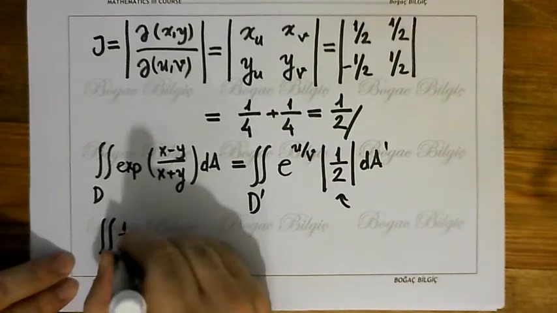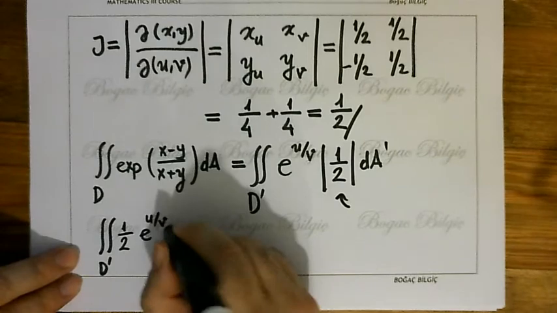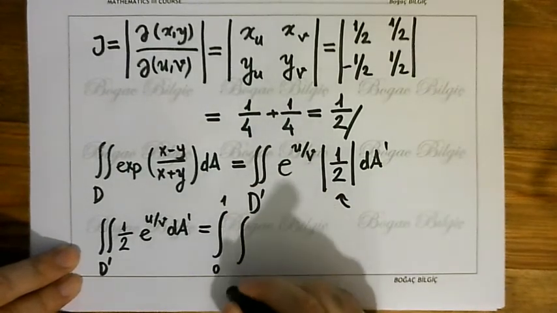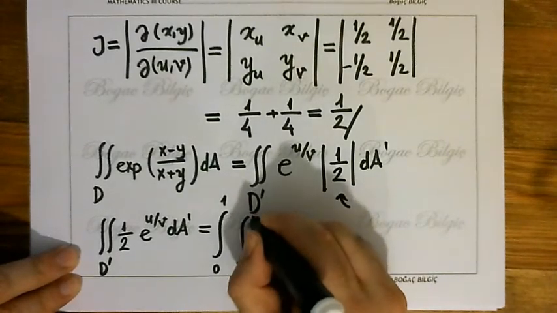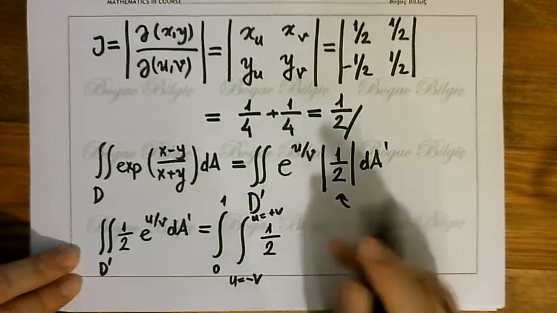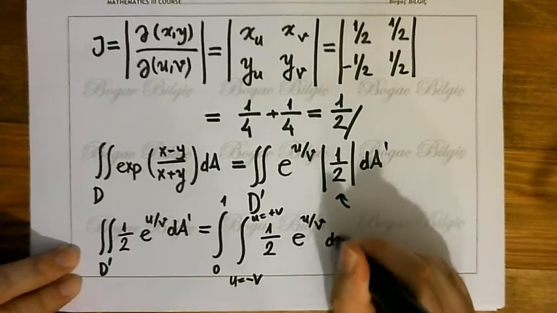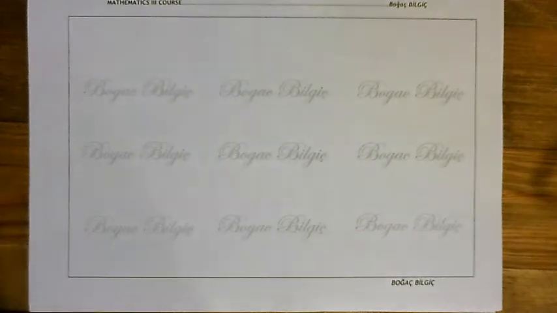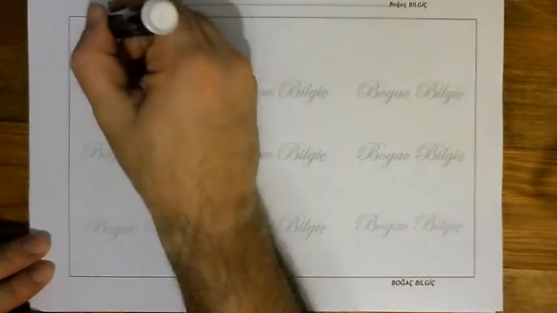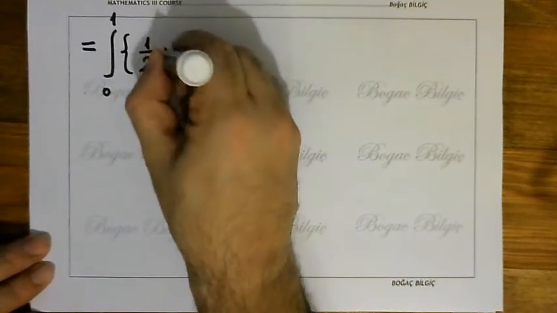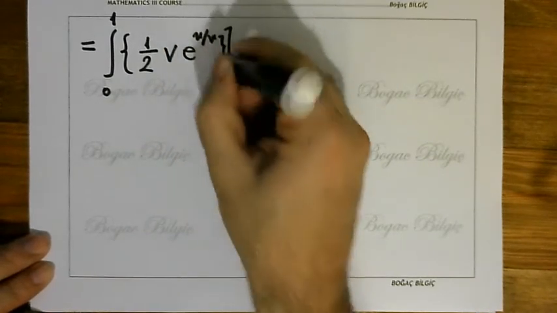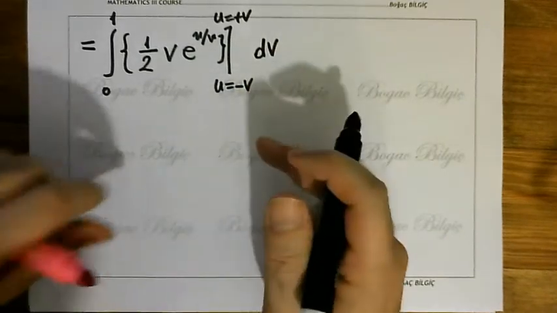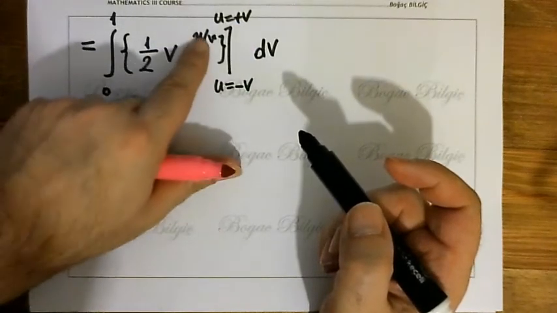We write the double integral over D-star of 1 divided by 2 e to the power of u divided by v dA, which is equal to the integral from 0 to 1, with u from minus v to plus v, of 1 divided by 2 e to the power of u divided by v du dv. We calculate, and get the integral from 0 to 1 of 1 divided by 2 v e to the power of u divided by v, evaluated from u is minus v to u is plus v, dv. We substitute minus v and plus v for u.